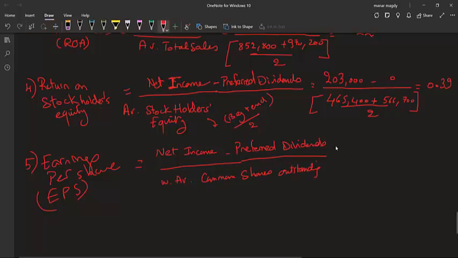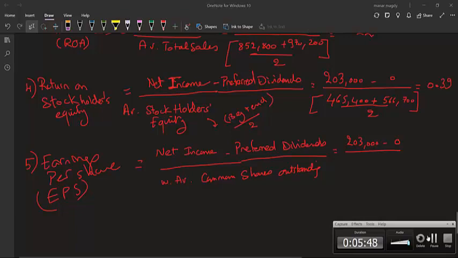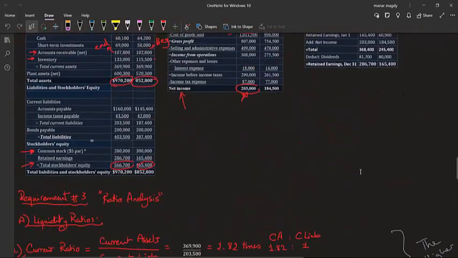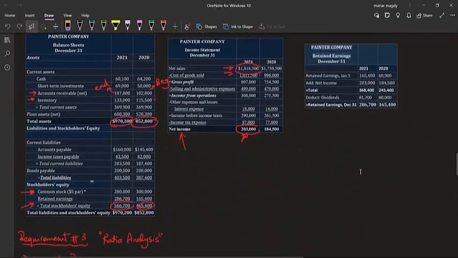The net income, no preferred dividends, and the average common shares outstanding. Here we have the common stock. This is the beginning, and this is the ending cost for common stock outstanding.